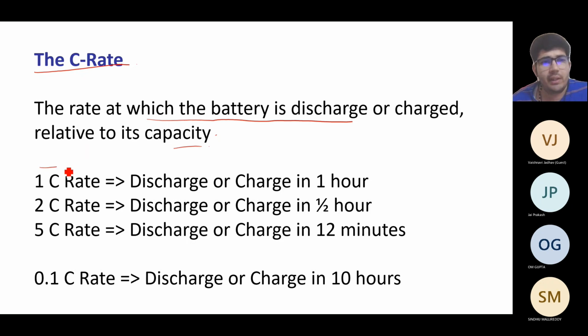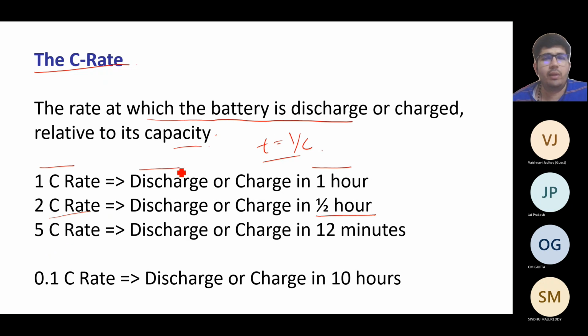If you have a 1C rate, it means it will discharge or charge in 1 hour. If you have a 2C rate, it will charge or discharge in half an hour. So basically time is 1 by C. If you want to find the time required for charging or discharging, just take the reciprocal of the given C rate.